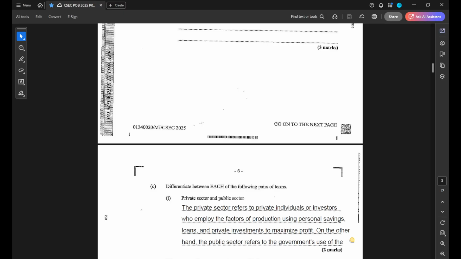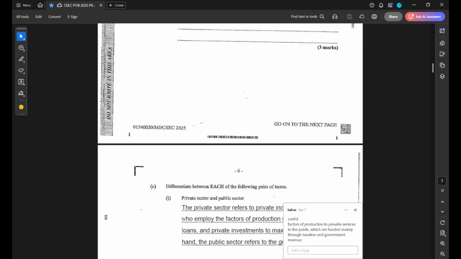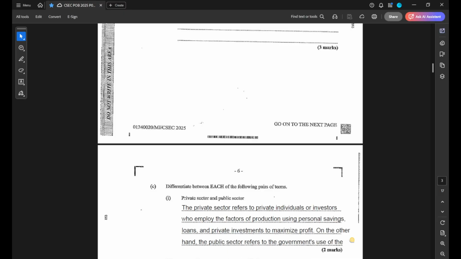Using personal savings, loans, and private investments to maximize profit. On the other hand, the public sector refers to the government's use of factors of production to provide services to the public, which are funded mainly through taxation and government revenue.